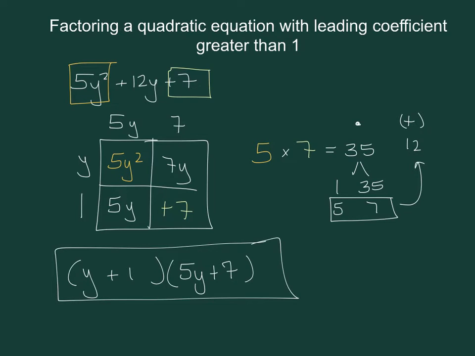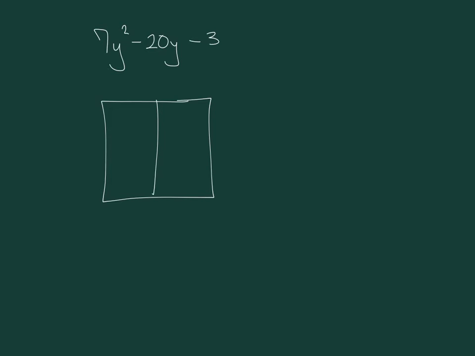Okay, I'm going to do one more. 7y squared minus 20y minus 3. Again, going to create the box method.